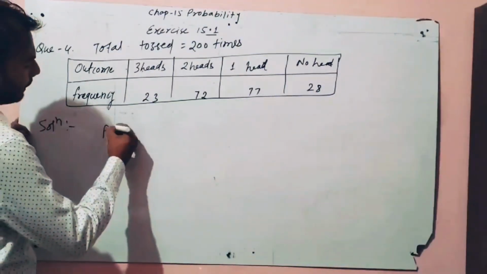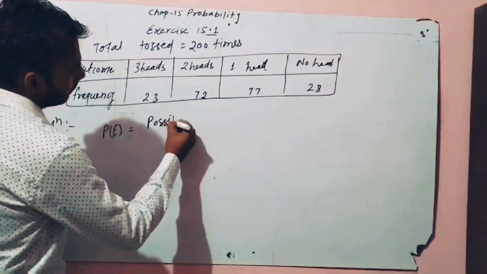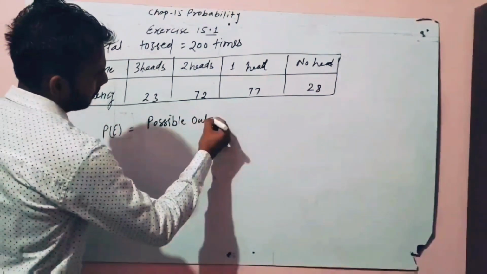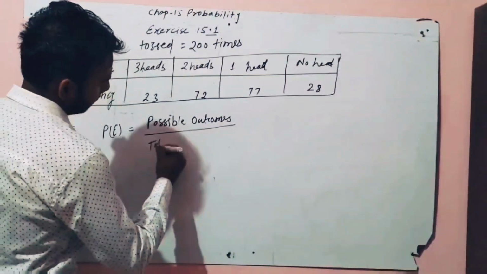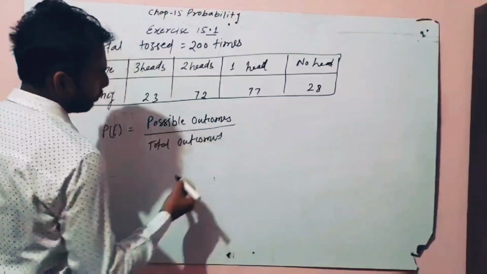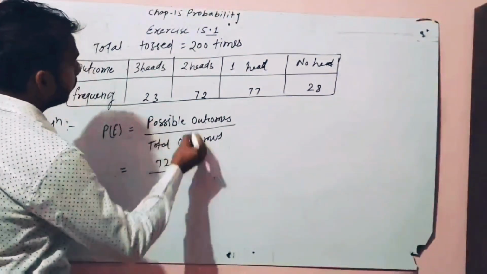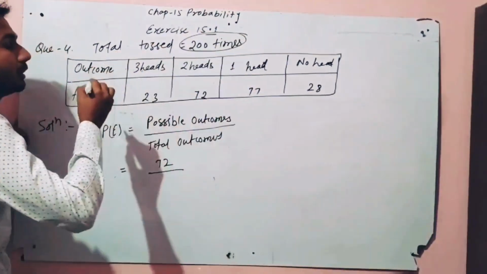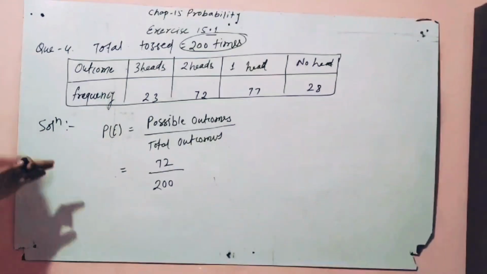So simply, P(E) is possible outcomes upon total outcomes. So possible outcomes are 72 and total outcomes, the coin was tossed 200 times. So 72 upon 200.